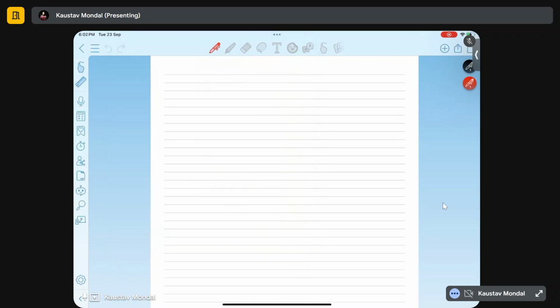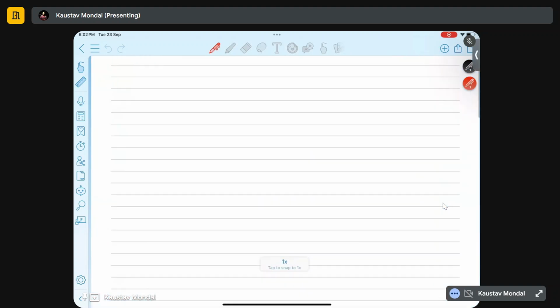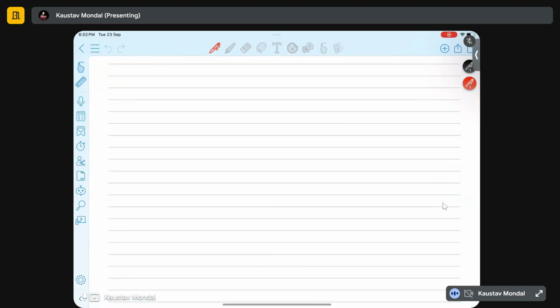So in the previous class, we started our discussion on the electronic contribution to the partition function.